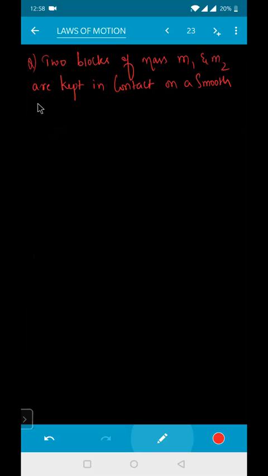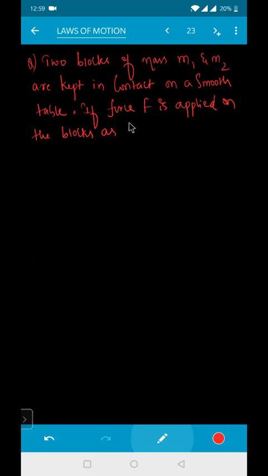On a smooth table, so that it can slide very easily, there is no friction. If force capital F is applied on the blocks as shown, first of all, find the acceleration.